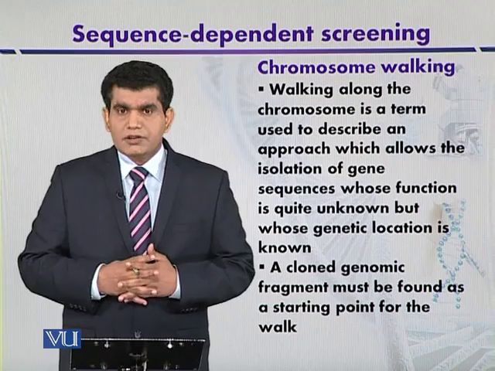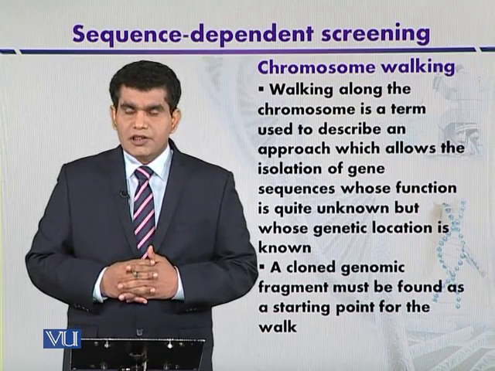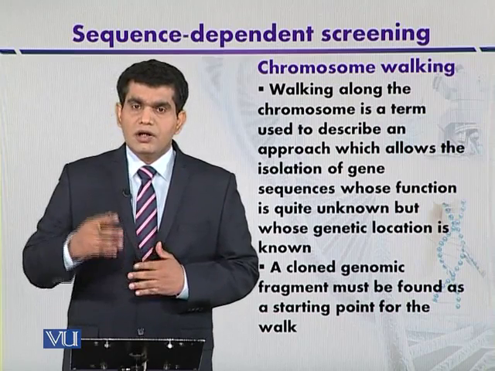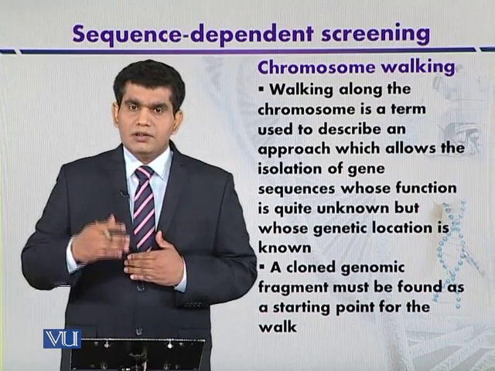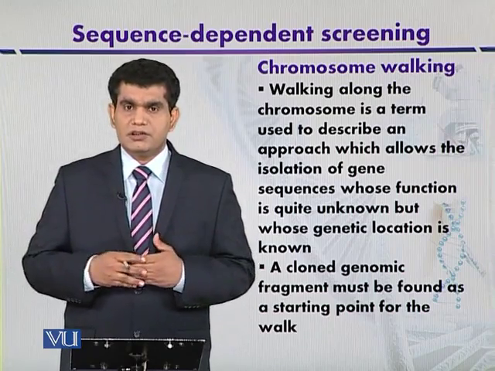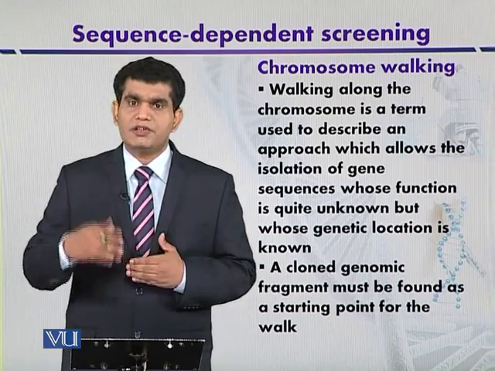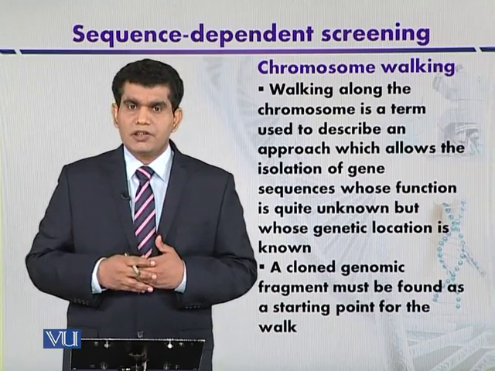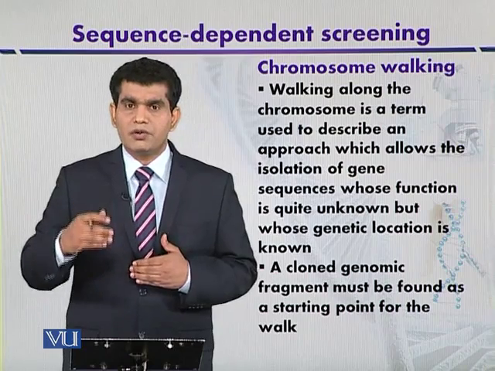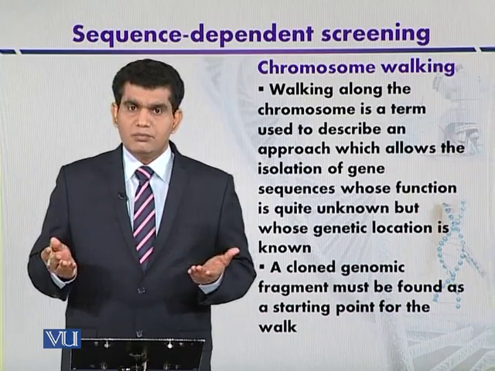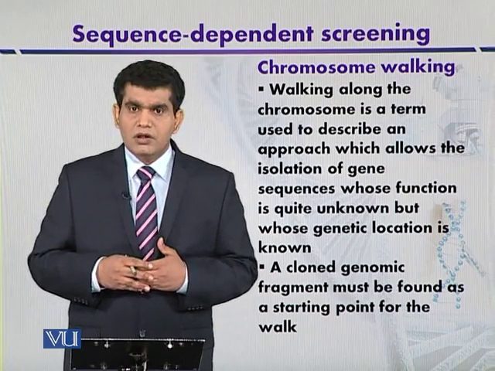In addition, chromosome walking is used to detect a gene whose expression or function is not well known, but whose genetic location is known. This technique is called positional walking, where we detect those genes whose function is unknown but location is known.